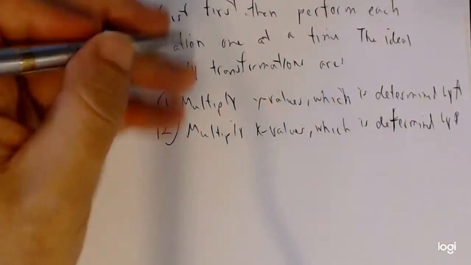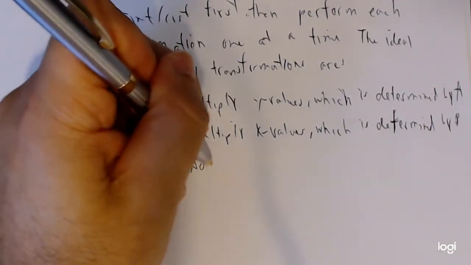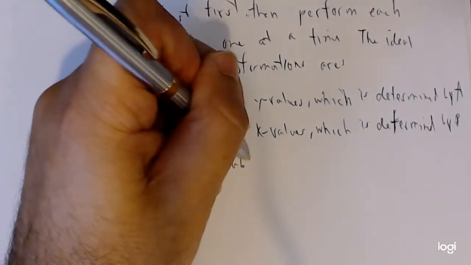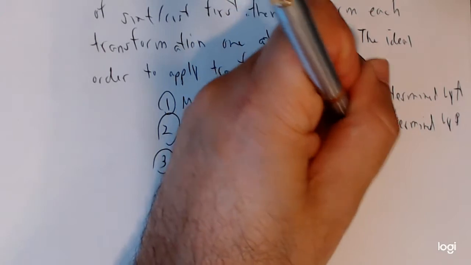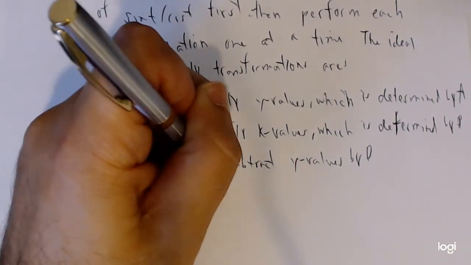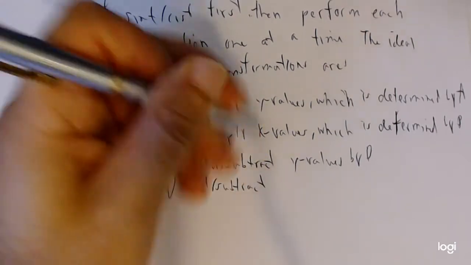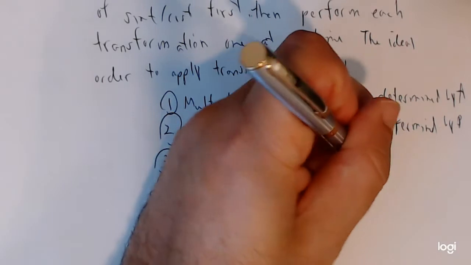And then what I do is I subtract y values by d, and then for x values I subtract by whatever c is.